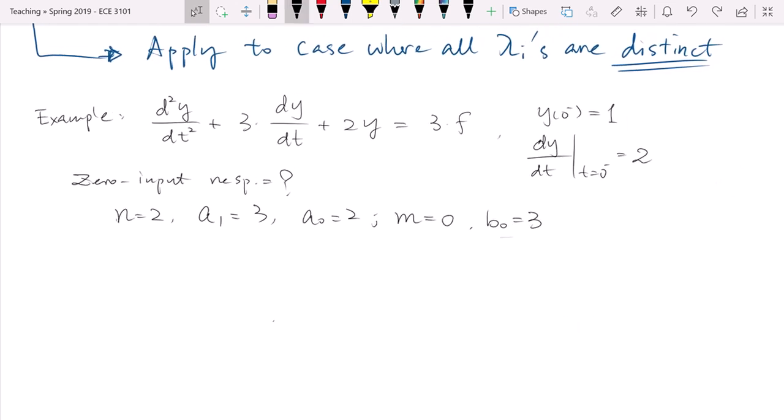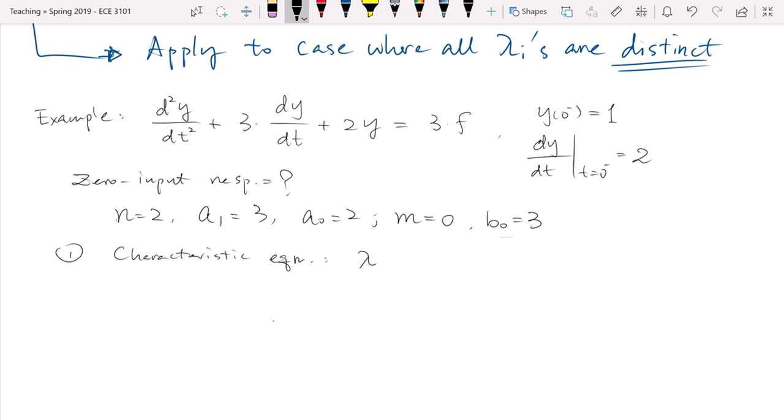And in order to proceed, the first step you want to do is to find the characteristic equation. That's how you find all the lambdas. Okay? And for this one, it's simple.